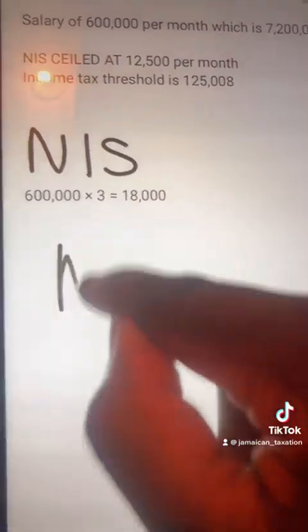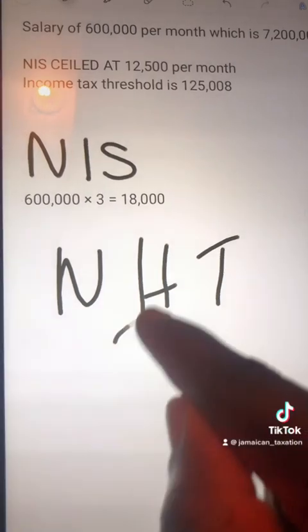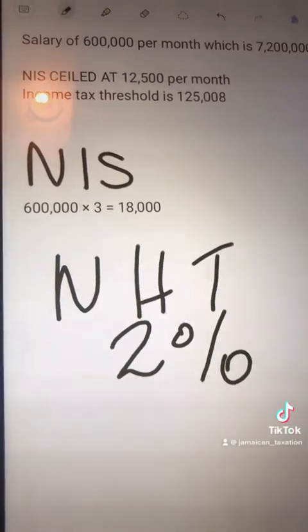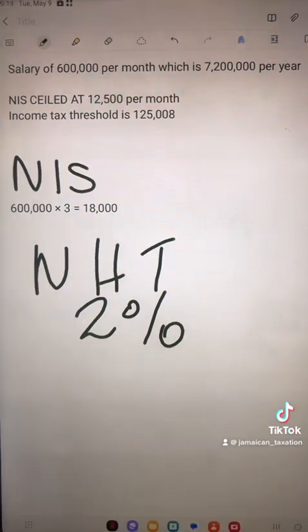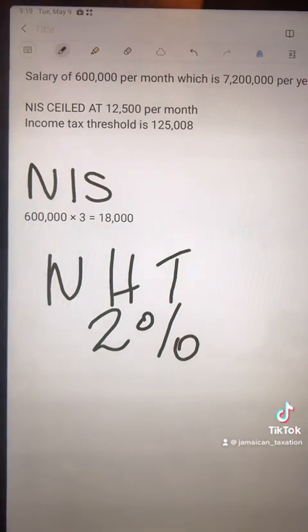The next thing that we calculate is NHT. So remember that NHT is 2% of your gross salary, right? There is no ceiling or anything as it relates to NHT, right?